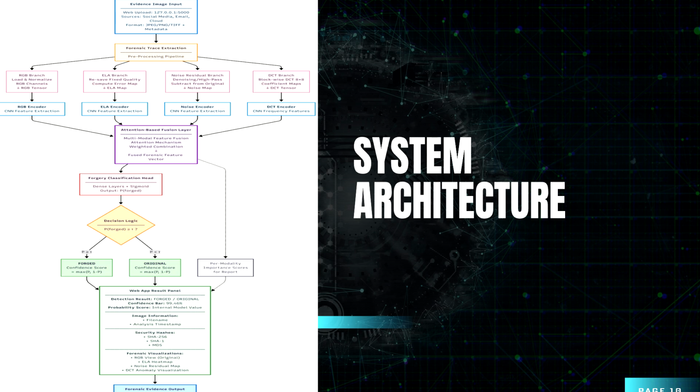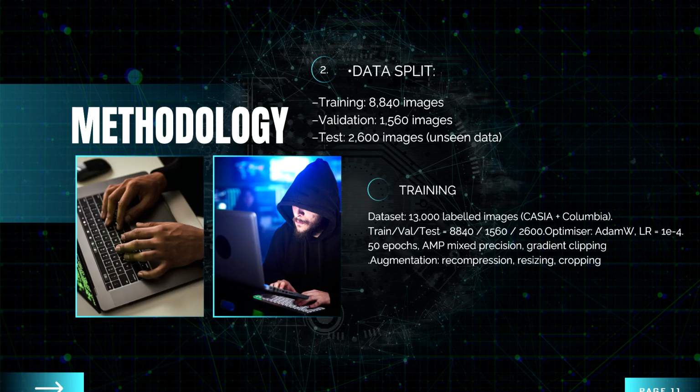Whether it is tampered or original, it produces the hash functions. It gives the result as a web result to the user, who is a forensic expert, and they will be able to see the file name, the analysis timestamp, everything included in the same document. They will also have a risk analysis graph.